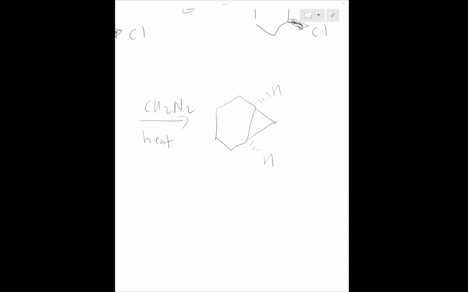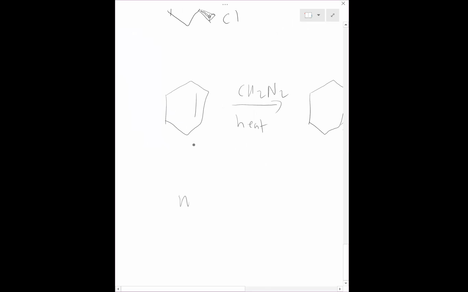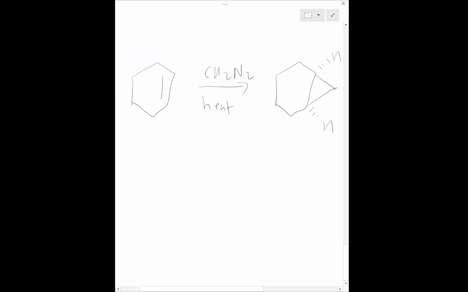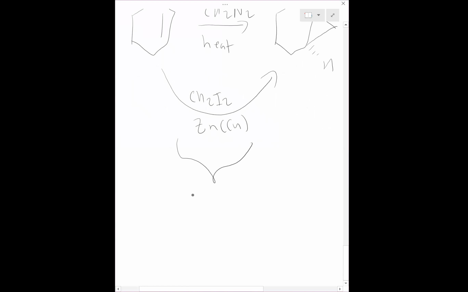Like here, the other way this can also happen is through this reagent called the Simmons-Smith reagent. So another way for this to happen is you have CH2I2, and then this Zn/Cu. So this is called the Simmons-Smith reagent.